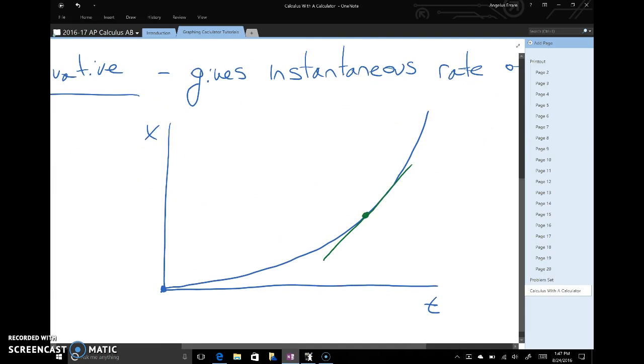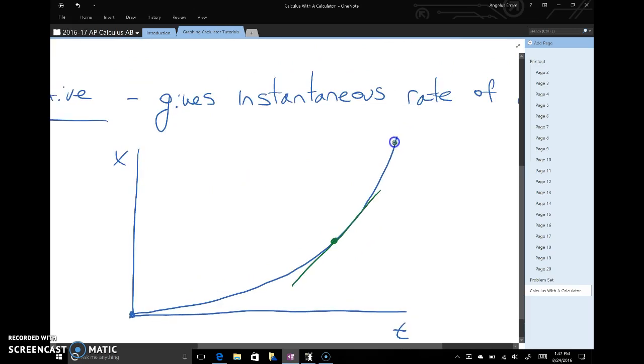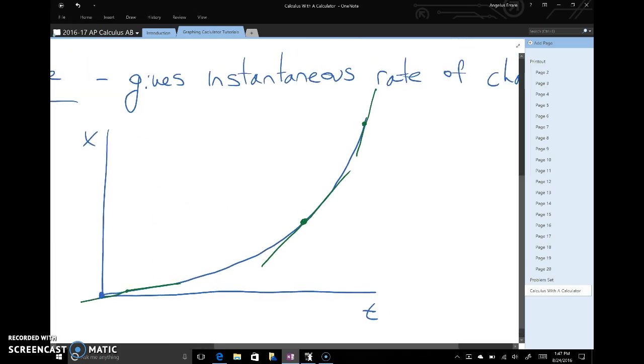And you'll notice that because it's a curved line, the slope of that line is changing. Right? The slope of this curve is changing. So the rate of change of our position is changing over time.